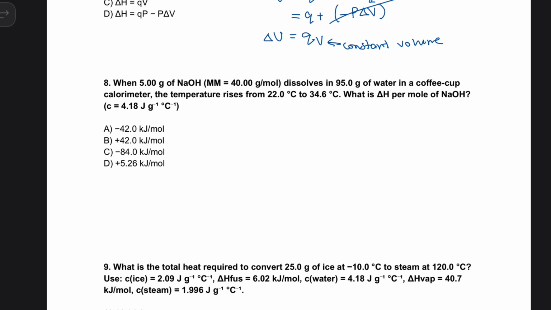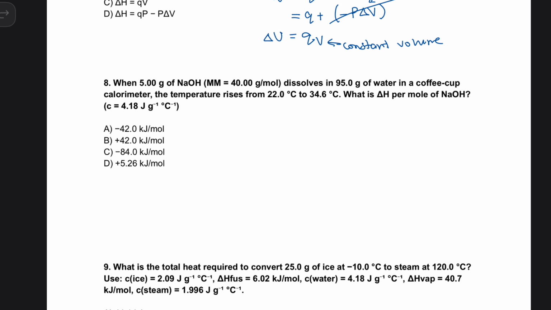Okay, when 5 grams of NaOH with a molar mass of 40 grams per mole dissolves in 95 grams of water in a coffee cup calorimeter, the temperature rises from 22 degrees Celsius to 34.6 degrees Celsius. What is the delta H per mole of NaOH?